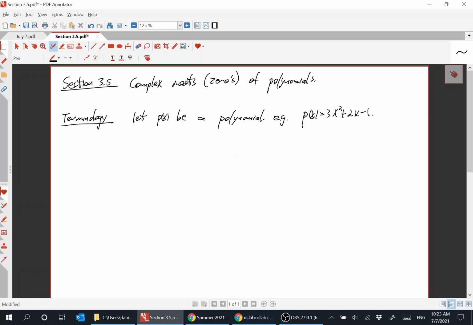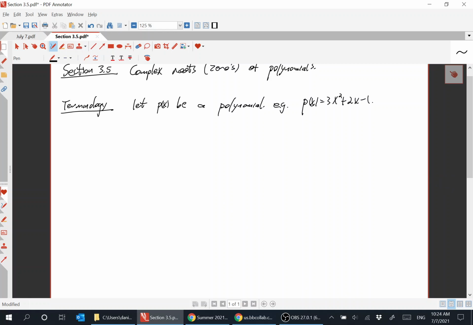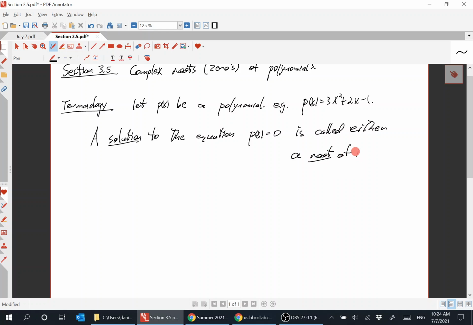A solution is a term that you use with an equation. A solution to the equation P of x equal to 0 is called either a root of P of x or a 0 of P of x.